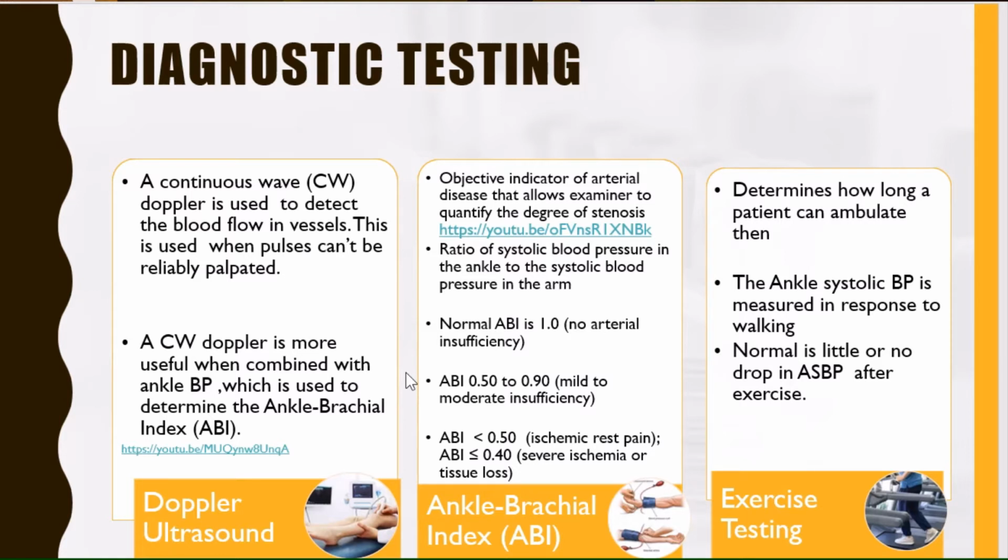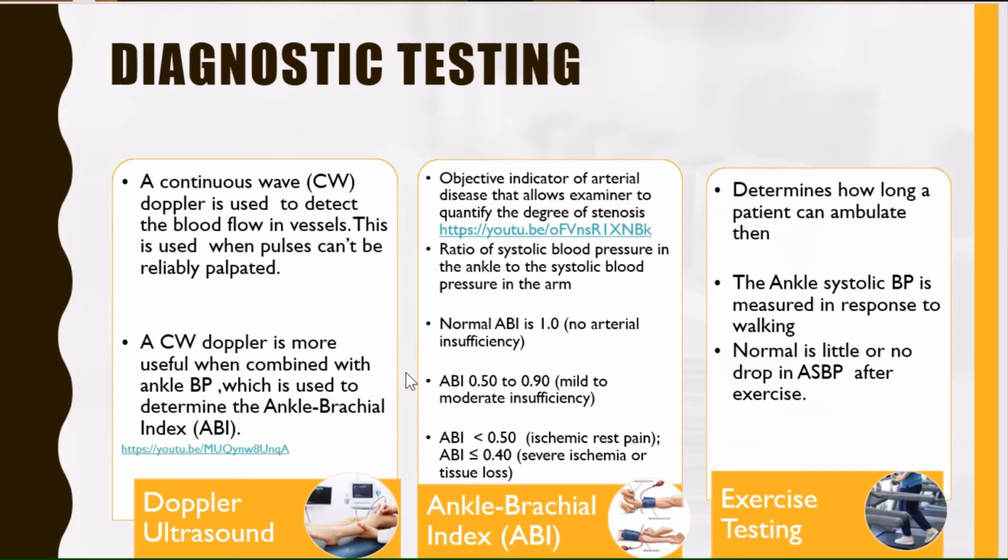It's more useful when we combine the Doppler with the ankle brachial index. That is the next diagnostic test. Basically, the ankle brachial index allows us to quantify the degree of stenosis, or narrowing of the vessel.